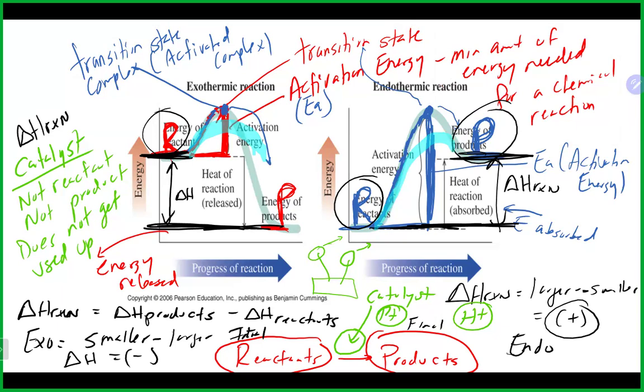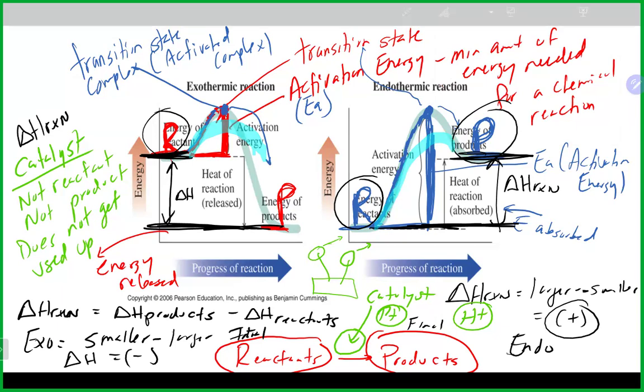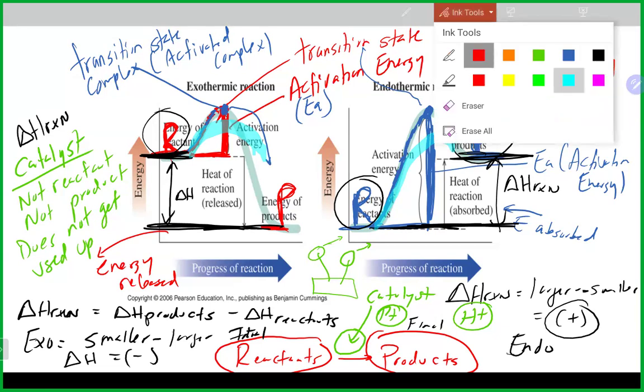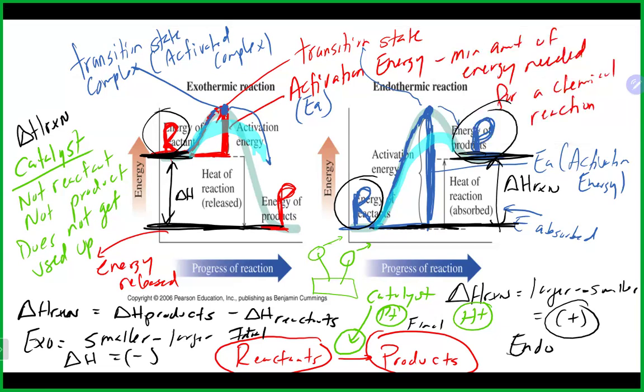If that little blue line there is my catalyst, there will be a greater number of reactant molecules that have enough energy to get up and over to the other side. Because more molecules can now get to the other side, you see the reaction occur a lot faster and it speeds up. So by finding that alternative pathway, it lowers the activation energy and allows more reactive molecules to make it to the other side.